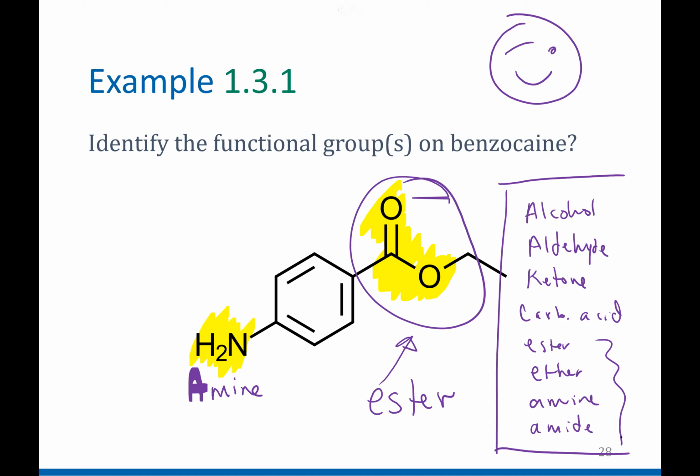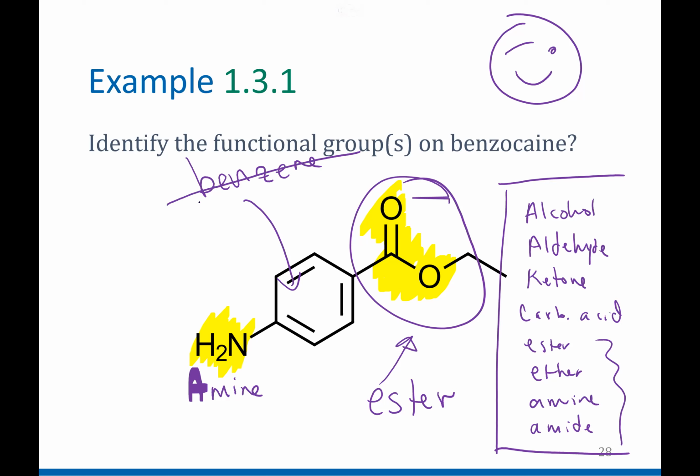I've had students mention that this was a benzene ring, which is fine. I personally don't consider benzenes or alkenes or alkynes functional groups, but it never hurts to know that this is a benzene ring. But in terms of the functional groups, I'm going to cross out benzene, guys.